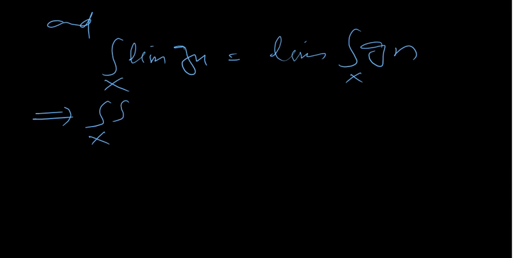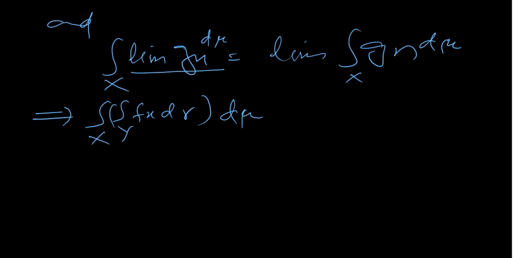It's equal to the integral over y of f of x. This is d mu here, and this is d nu, because this limit of g n is equal to the integral over y of f of x d nu. Okay, then we have d mu.